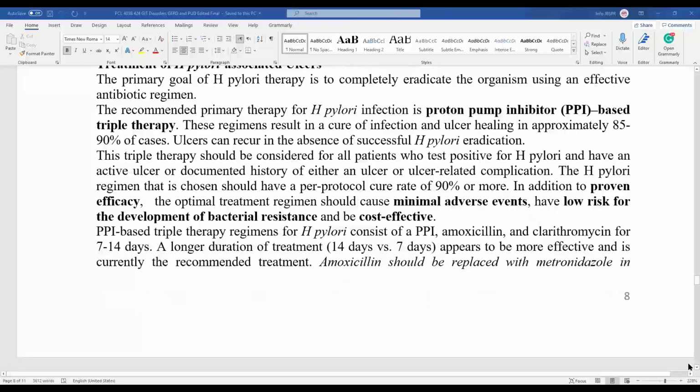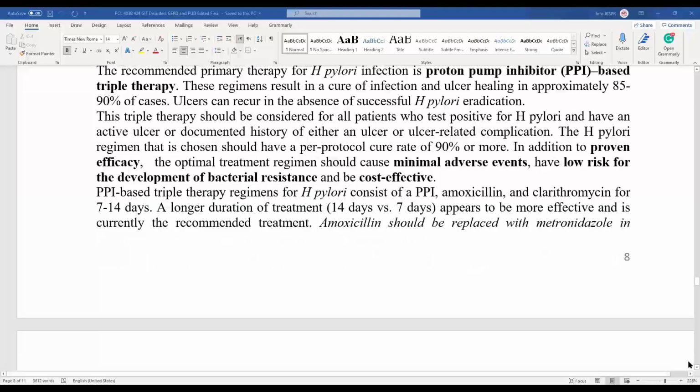There's another one: if the patient is penicillin sensitive, metronidazole can be used in place of amoxicillin.